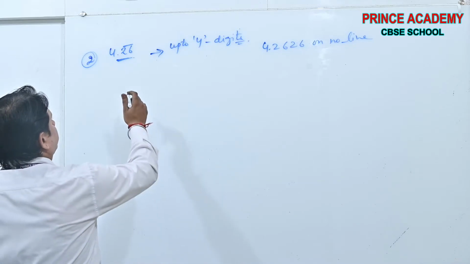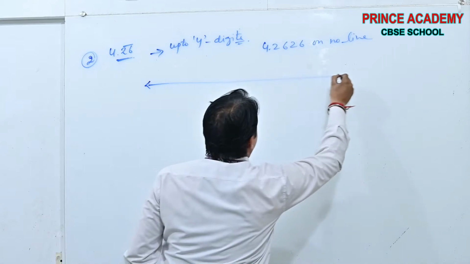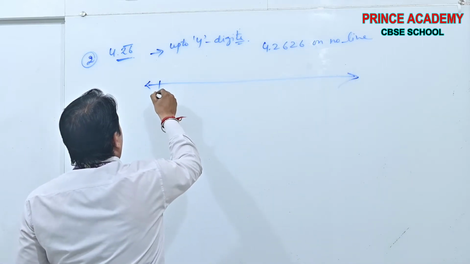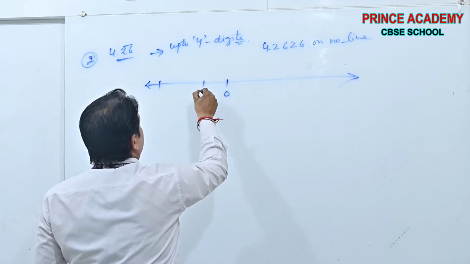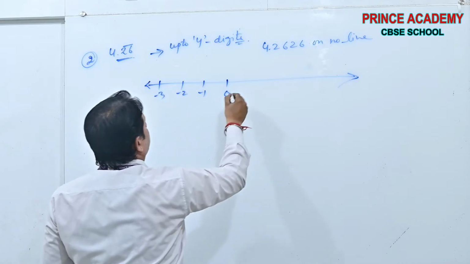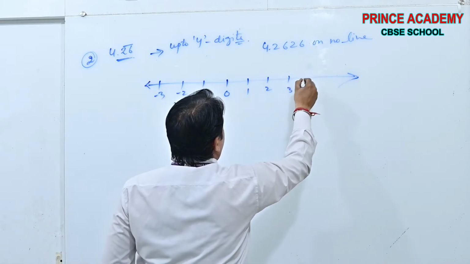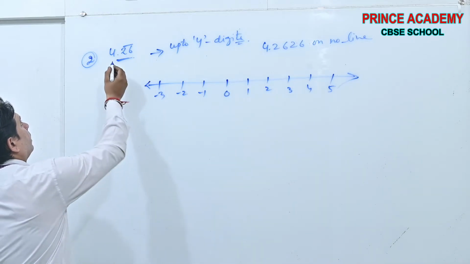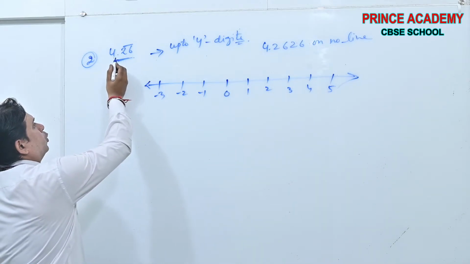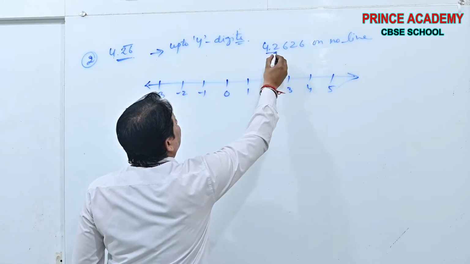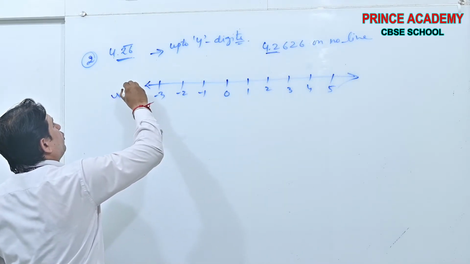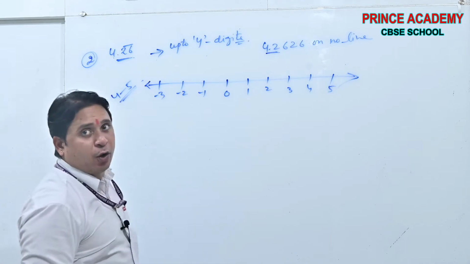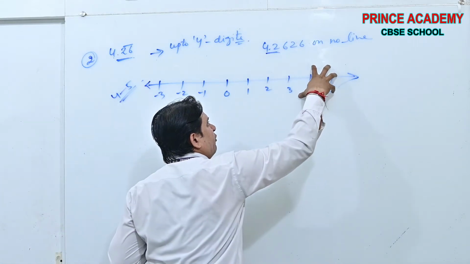First step, draw the number line. 0, -1, -2, -3, 1, 2, 3, 4, 5 and so on. 4.2, first step for 4.2, it will be between 4 and 5, yes or no? Therefore, take your lens and put it on the 4-5 gap.